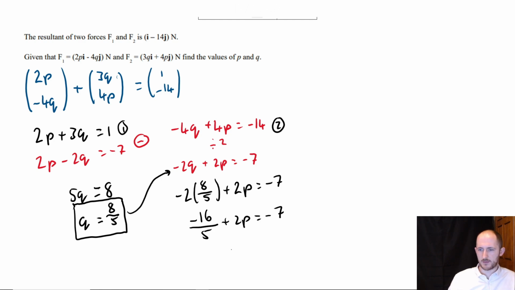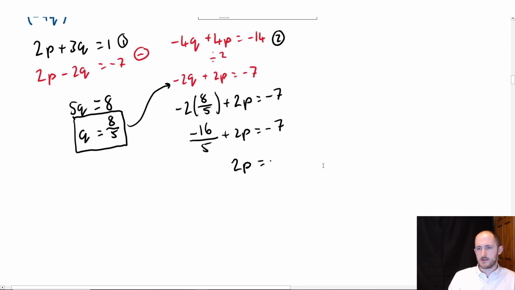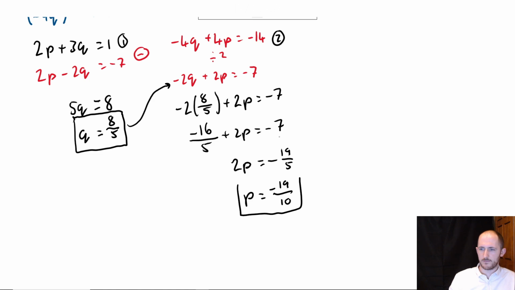So I'm going to add that to both sides. We have 2p equals minus 7 plus 16 over 5, which would be minus 35 plus 16, so it'd be minus 19 over 5. And then divide both sides by 2 to get p is equal to minus 19 over 10. Perfect.